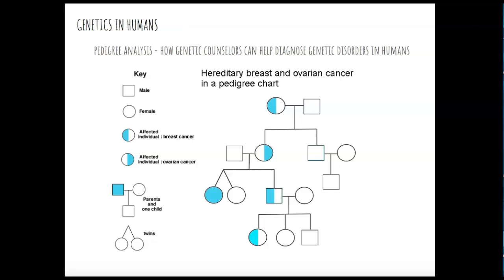And so in simple terms, a female will always be a circle, a male will always be a square. And then if the individual is shaded in, it indicates that they are affected by that disease.